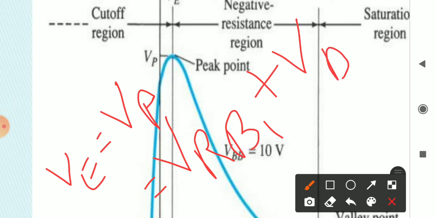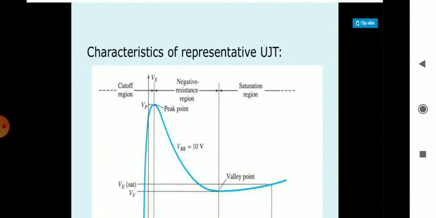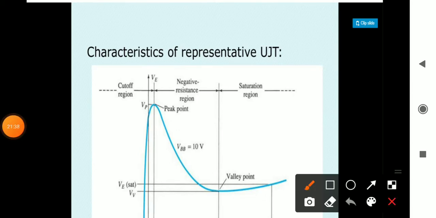If I cross that one, the current will start to flow in a positive direction. That is, the diode is forward biased now. The emitter current is now flowing on the positive side. Till here it was on the negative side, but at this point we are supplying the positive voltage, so the current will come to the positive region.